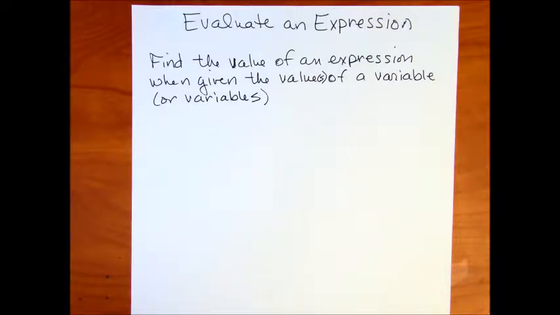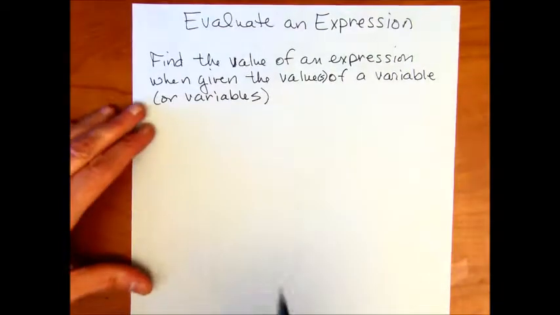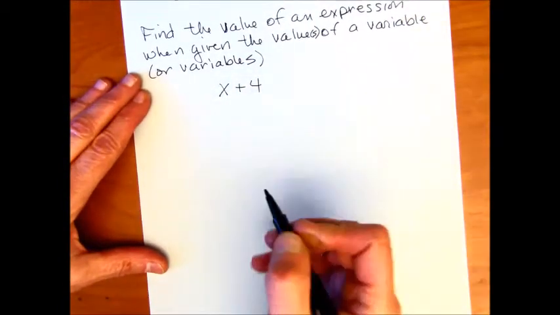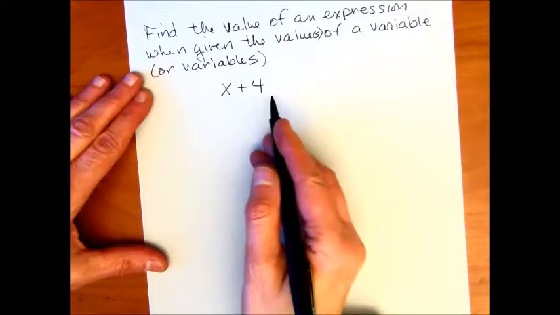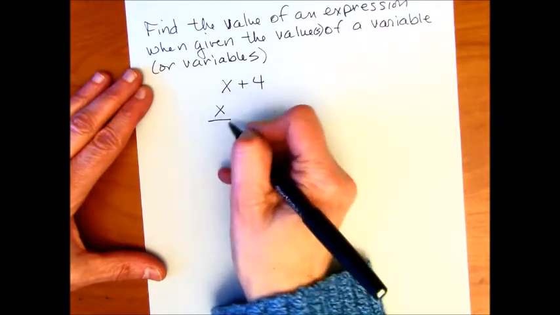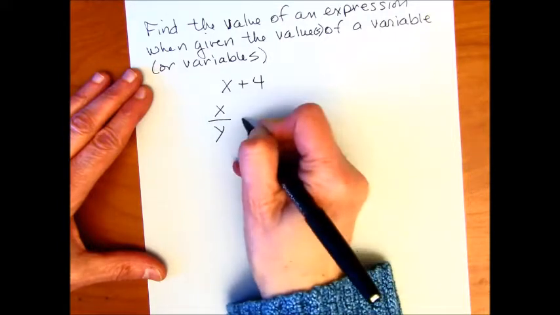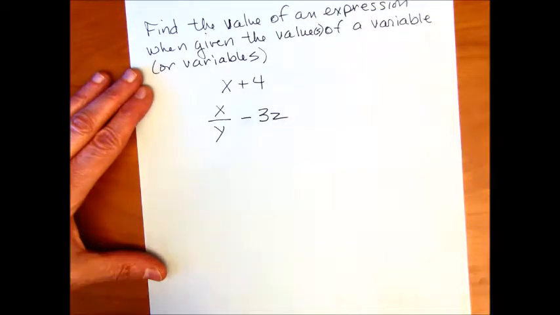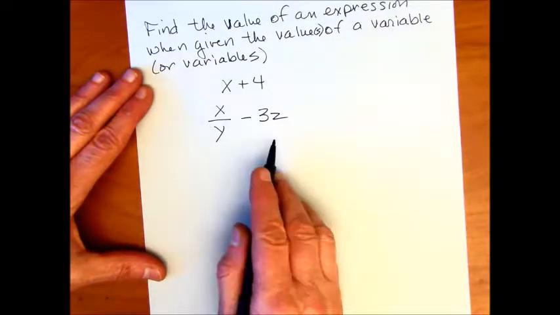An expression is really like a math statement, but it does not include an equal sign. So you might have something like x plus 4. That would be considered an expression. Or you might have x divided by y minus 3z. This would also be an expression.